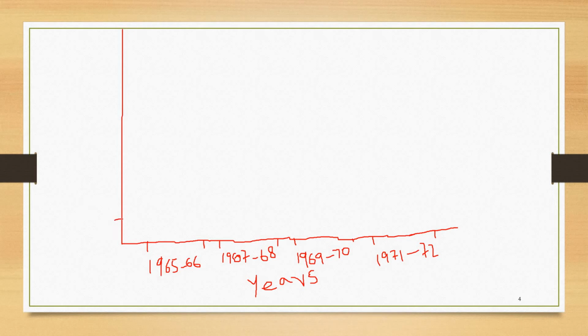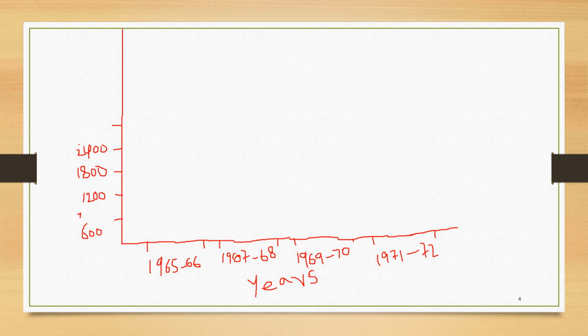On y-axis we'll have scale like this. 1,200, 1,800, 2100. Oh, sorry, 2400.